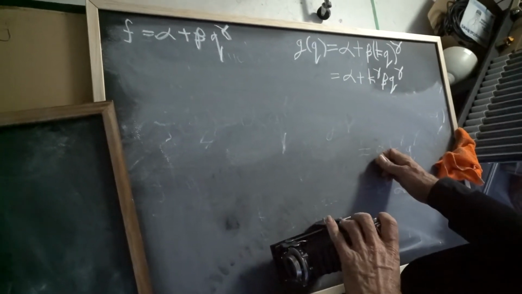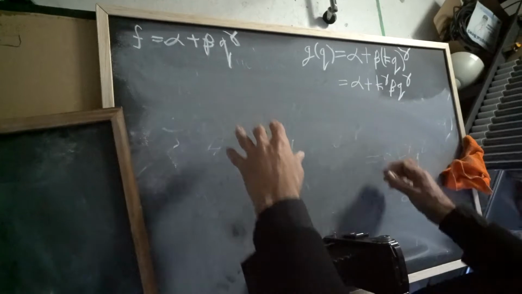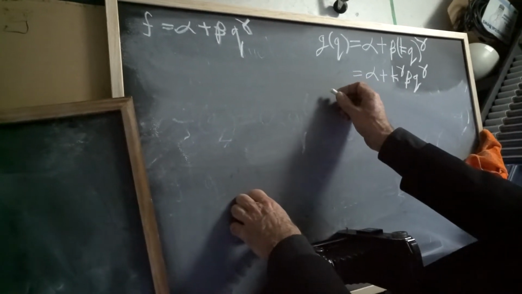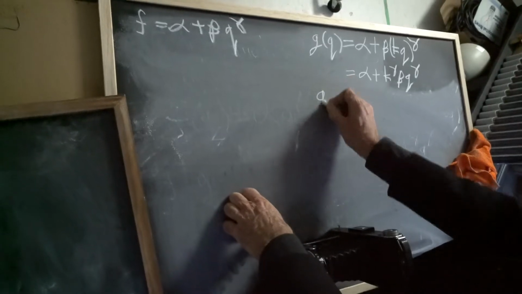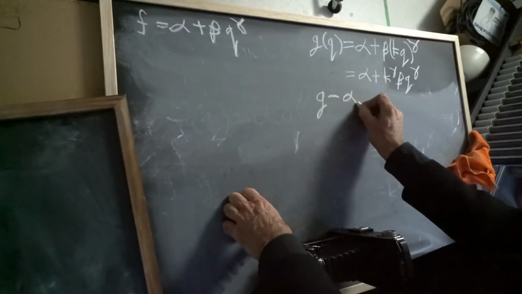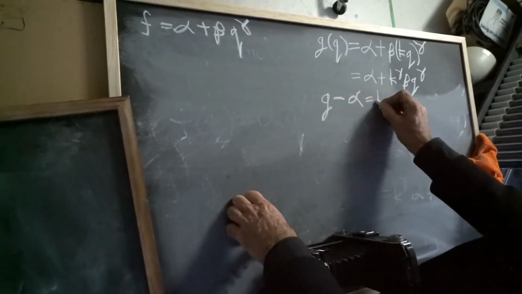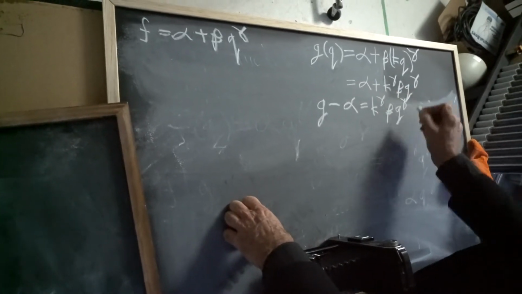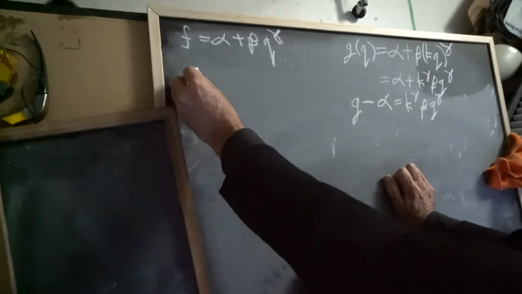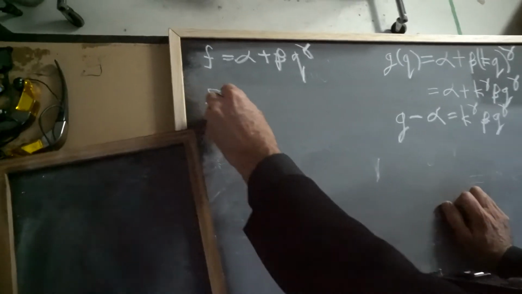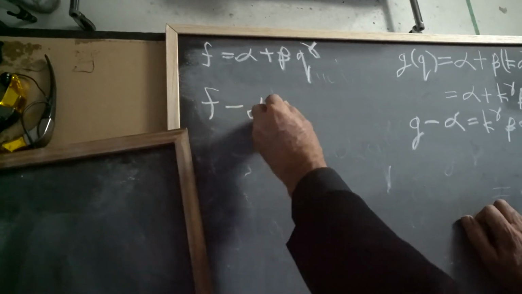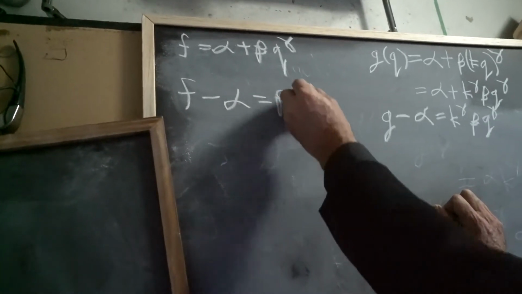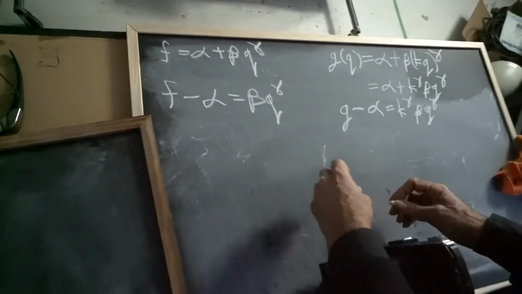Now, if we want to try to bring these together and solve this comparametric equation, if you will, I'll go g minus alpha is equal to k to the gamma beta q to the gamma, and over on this side I'm going to go f minus alpha equals beta q to the gamma. Now, what do we notice?